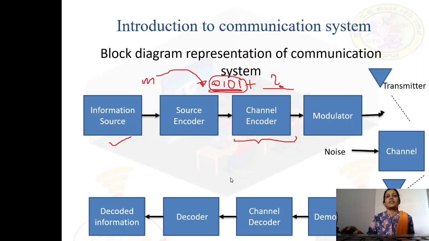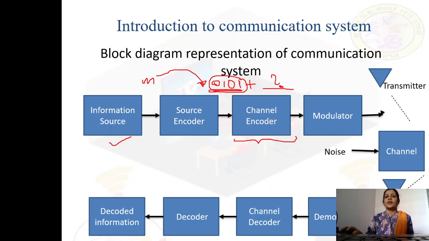In order to get that information, our channel encoder helps us by adding those bits, which are called check bits, which are helpful in checking whether an error has occurred in the data transmitted through the channel. So the task of our channel encoder is to add those check bits or extra bits that will be helpful for us at the receiving end in order to identify the errors present in the received message.